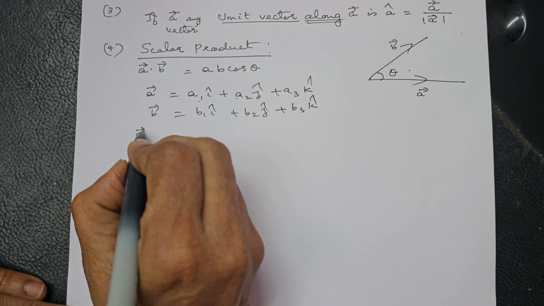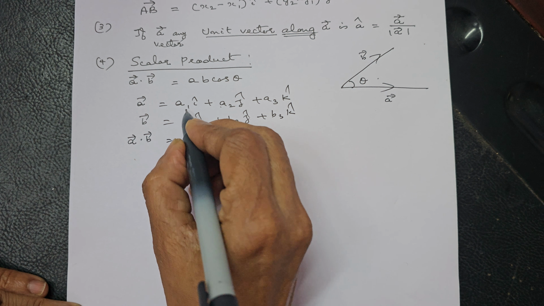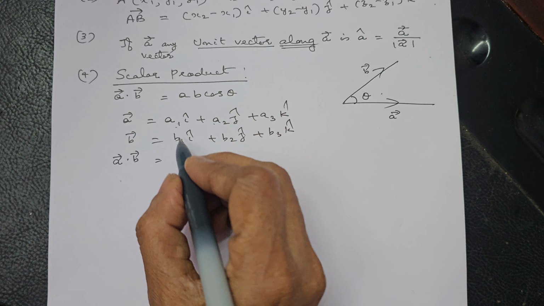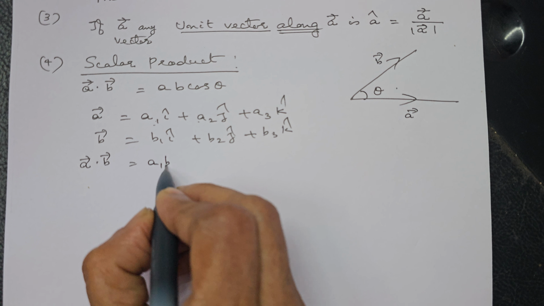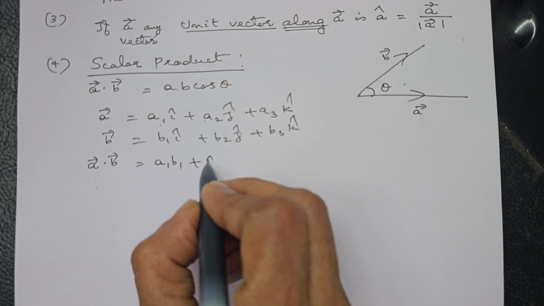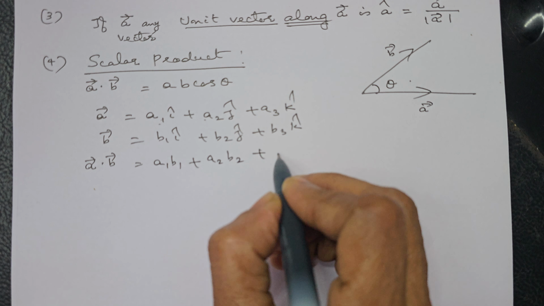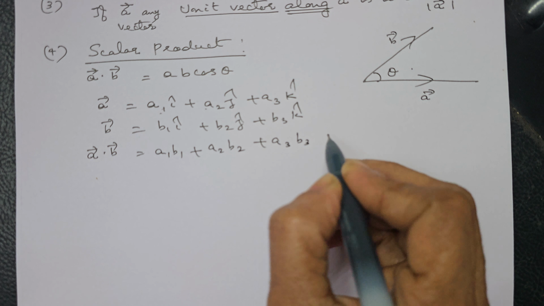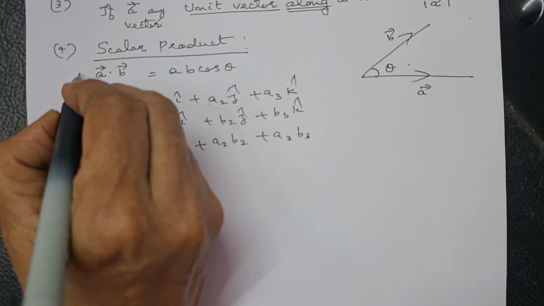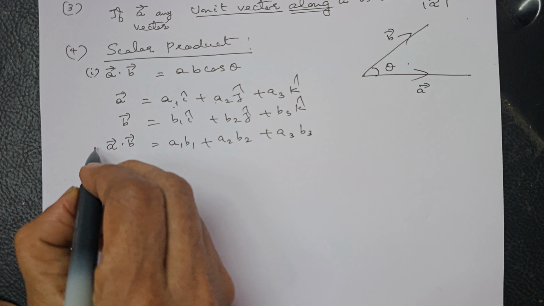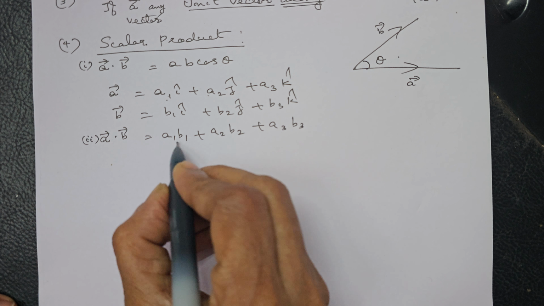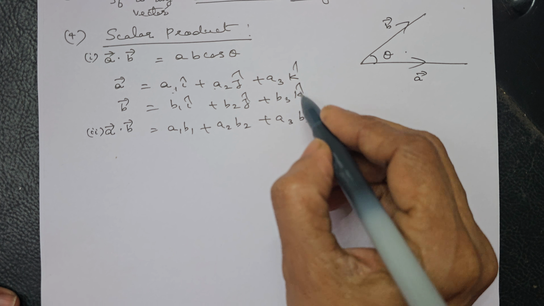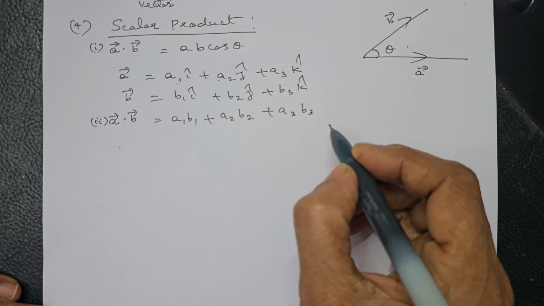Then you can also find A dot B as the sum of the corresponding products, A1 B1 plus A2 B2 plus A3 B3. So this is the first formula to find A dot B. This is the second formula, which can be applied when the vectors are given in component form.